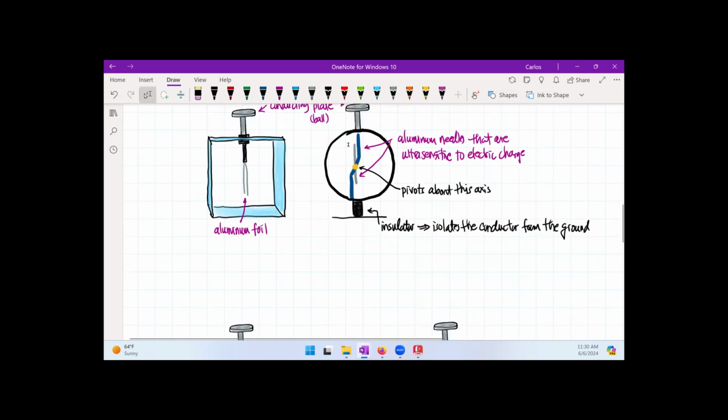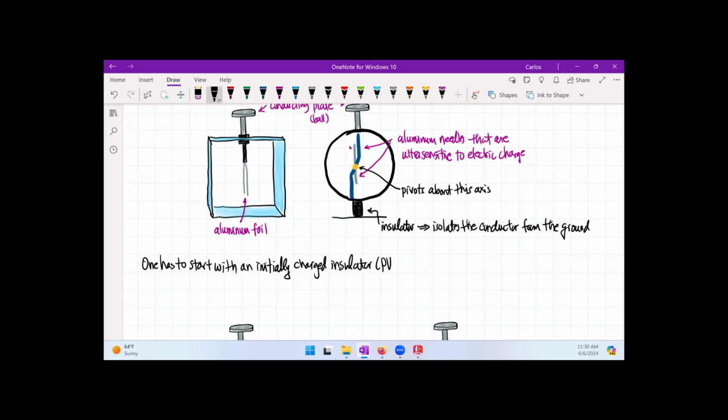So what has to happen here is that one has to start with an initially charged insulator. And in this case, I'm going to use a PVC rod because that's what you have. You have a PVC rod.